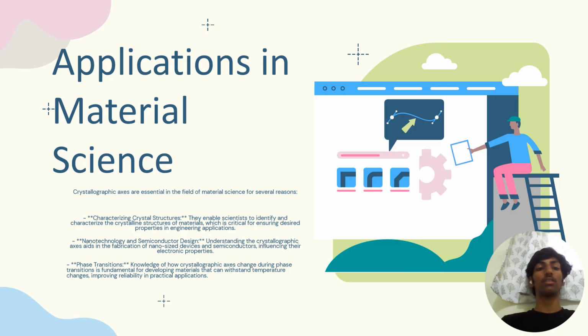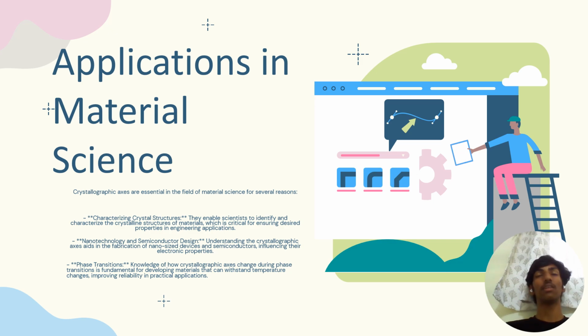Nanotechnology and semiconductor design: the orientation of crystallographic axes affects the behavior of semiconductors in fabricating microchips and nanoscale devices, which are very tiny in size. To look at them, we need a magnifying glass, which helps us to focus on the chips or the alignment.